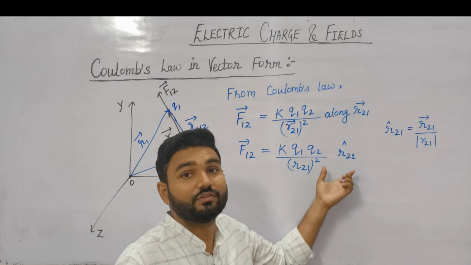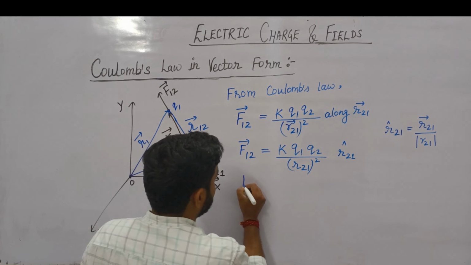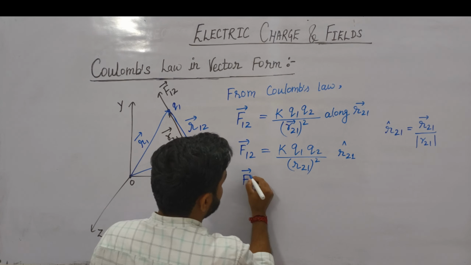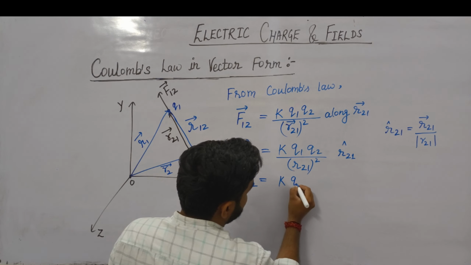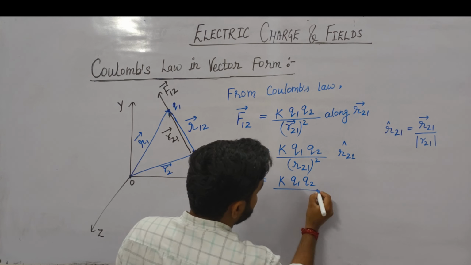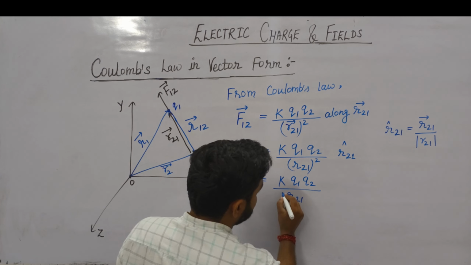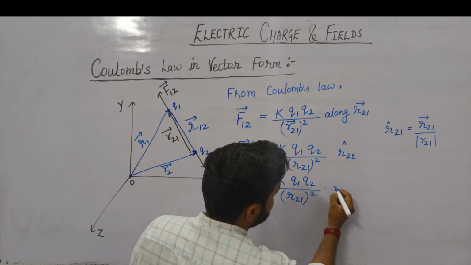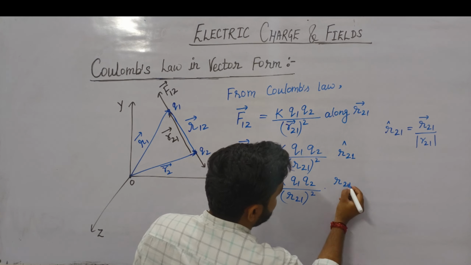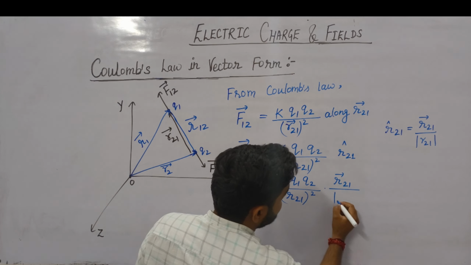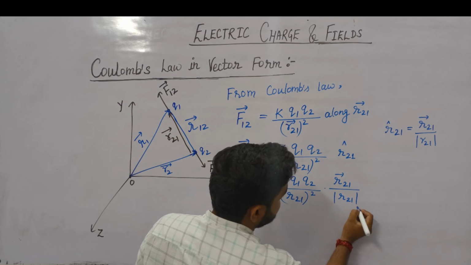Now here we can write F12 vector equal to K Q1 Q2 divided by R21 square multiplied by R21 vector divided by mod of R21.